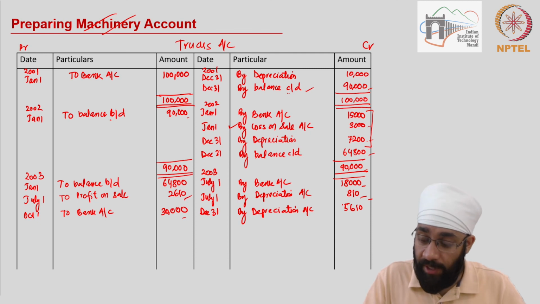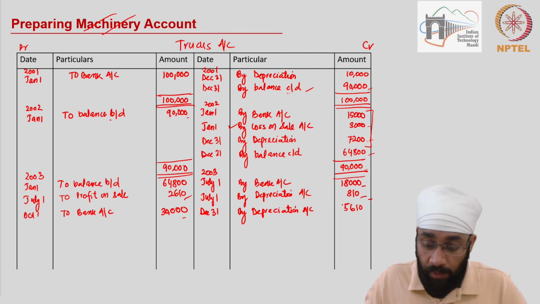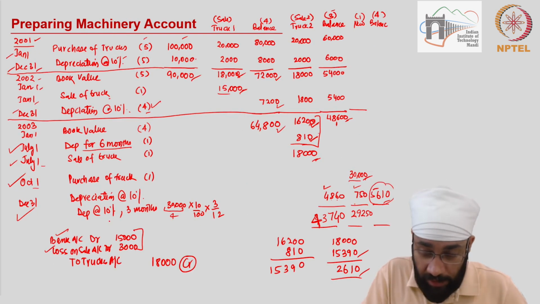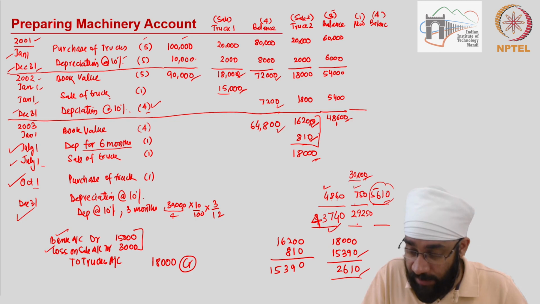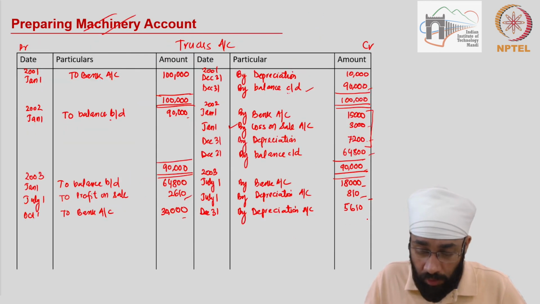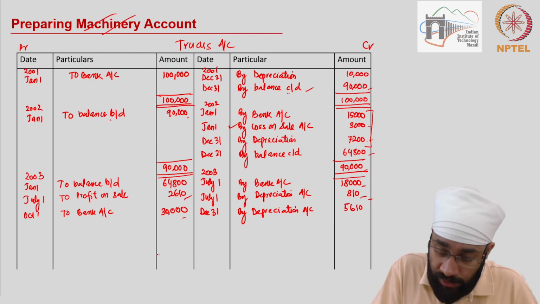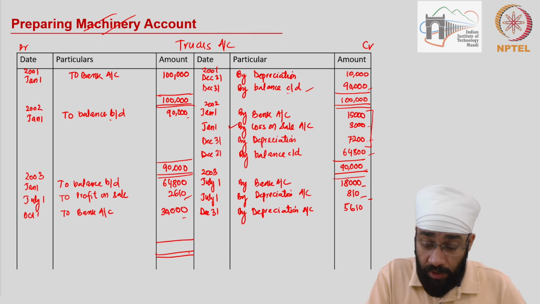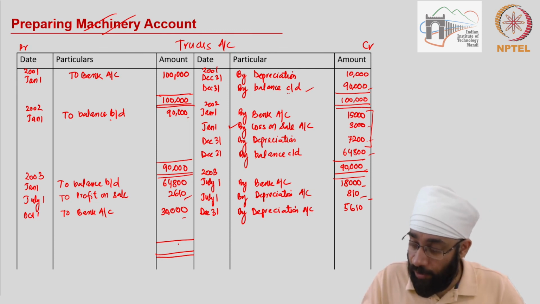So at this point in time, December 31st, we are going to figure out the balance in the trucks account. Now the balance in the trucks account, we can do the calculations here. So all you have to do is sum these up. 14,800 plus 2610 plus 30,000.